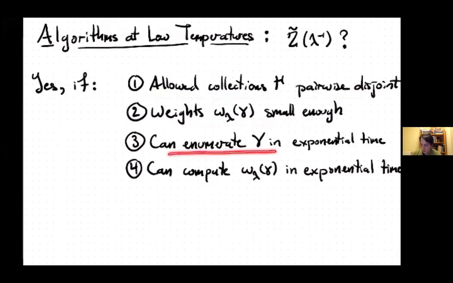We need to know we can enumerate all of the polymers that we need to. We need to go up to logarithmic size, so we need to have an exponential time algorithm. And lastly, now we have these weight functions, and we need to know we can compute them in exponential time in this size.